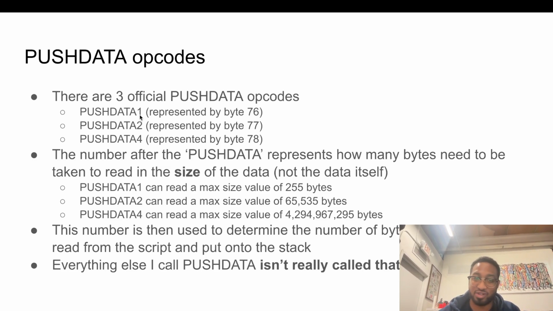So push data comes first. In your script, it looks at the size right next to it, and then it reads in however much data that size represented. But instead of using push data 1, you could actually just put a value below 76 to represent the size. So you could actually just omit the push data if your size is small enough.